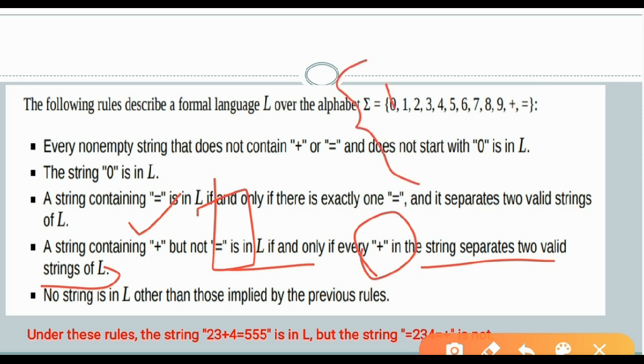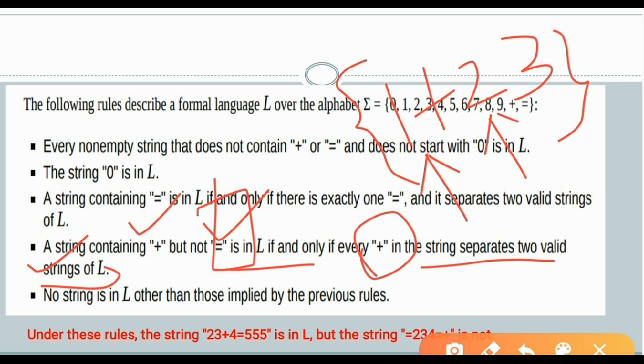Here I am having 1 plus 2 3. This is the string which is not containing the symbol equals. It is in L if and only if the plus separates 2 valid strings of L, 1 plus 2 3.